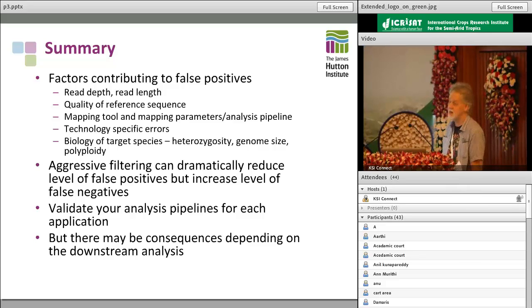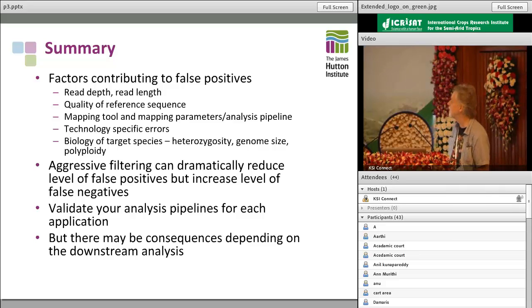You can look at the read depth at which you're sequencing. You can look at the read length, which can help in terms of mismapping. The quality of the reference sequence is an issue, but that's changing all the time, even in many low resource crops. You can use different mapping tools, and you can work with different mapping parameters and analysis pipelines.